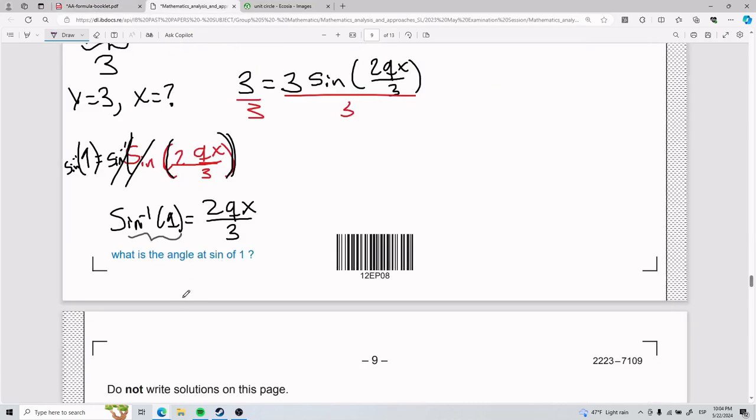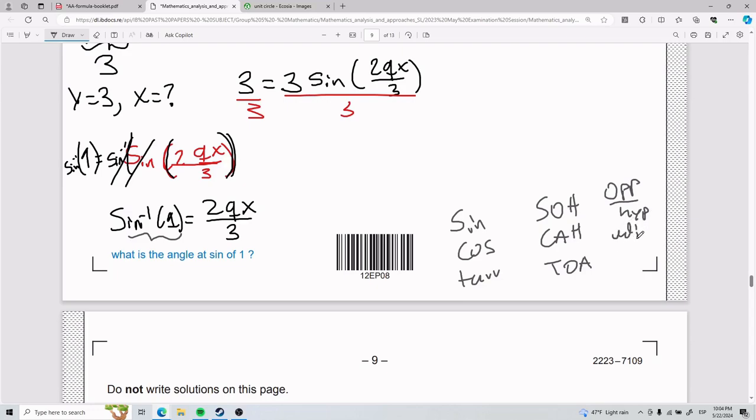And so we have associated sine, cosine and tangent to the famous SOH CAH TOA. The SOH is telling you opposite over hypotenuse, the CAH is telling you adjacent over hypotenuse, and the TOA is telling you opposite over adjacent.